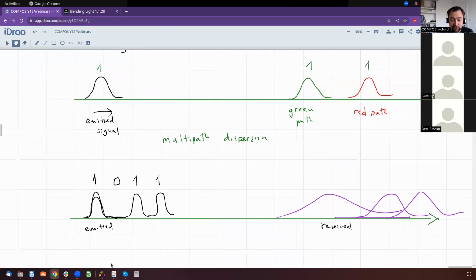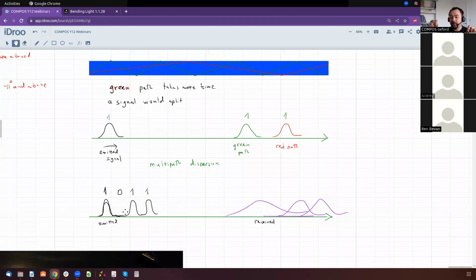So you either have to increase the time interval between the signals so you don't have overlapping of the signals, or you have to only allow the signal to travel in a very narrow range of paths which have very, very similar time. And this is the main purpose of the cladding.